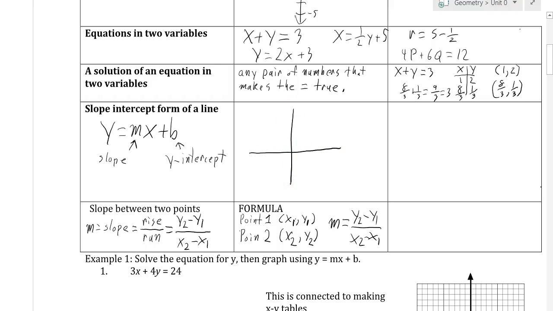So there's obviously lots of stuff going on here. I'm hoping you remember stuff from your algebra class that you studied, because we could spend a week on lines easy if you don't know anything. Y-intercept is where you cross the y-axis.